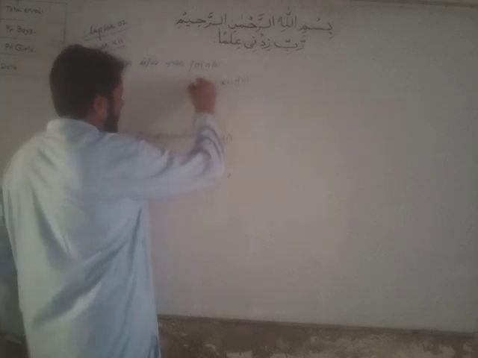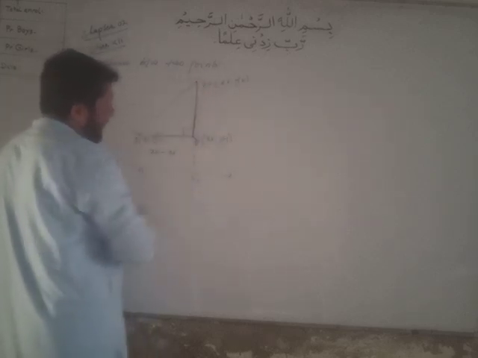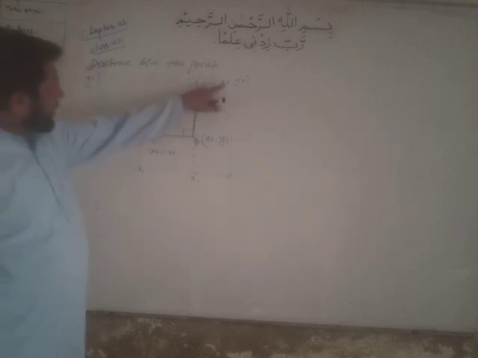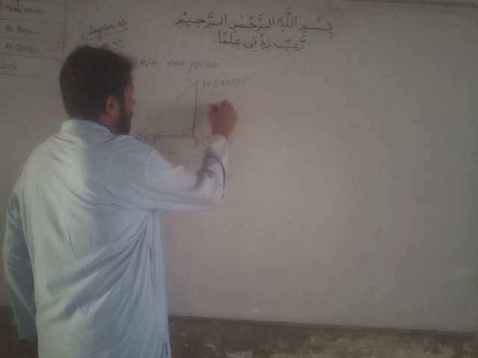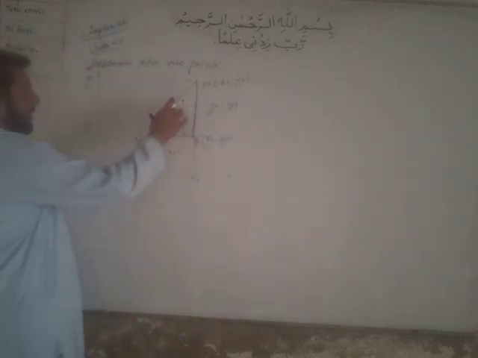And the other side: x2 minus x2 will cancel, leaving y2 minus y1. This is a right triangle, and a right triangle always follows the Pythagoras theorem.